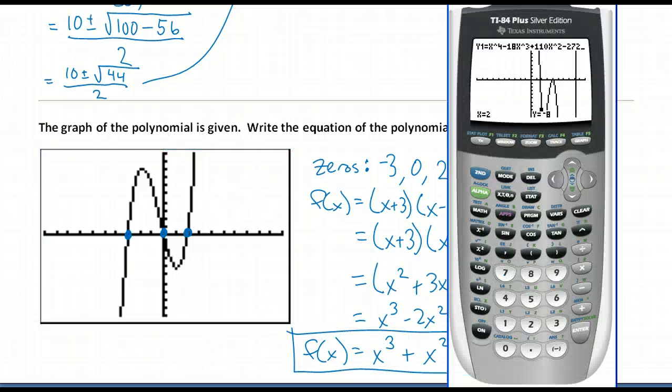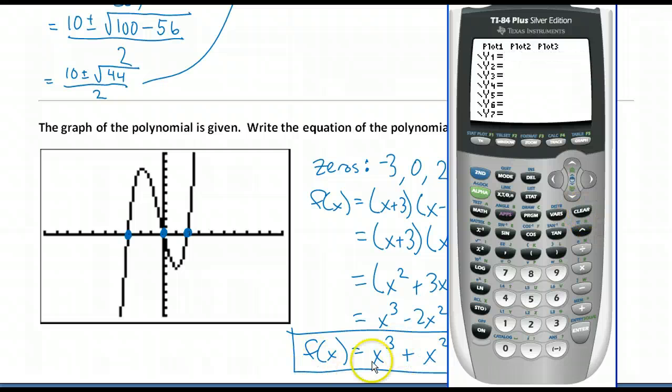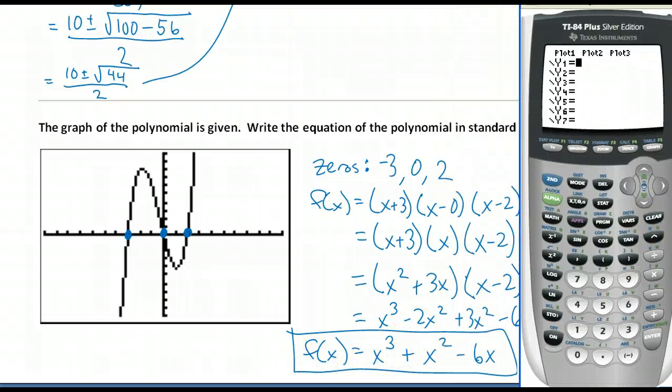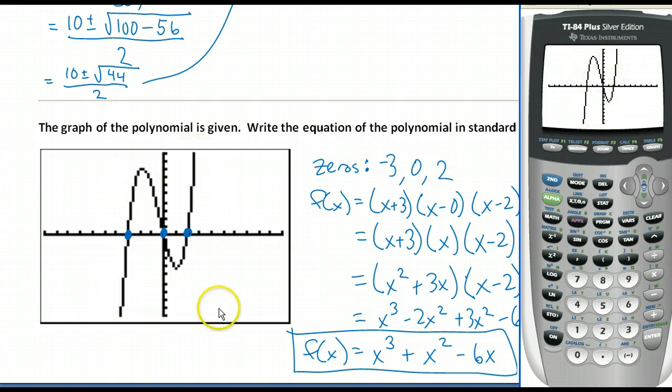I can always check my answer by graphing this function. x raised to the 3rd power plus x squared minus 6x. This graph looks just like this graph.